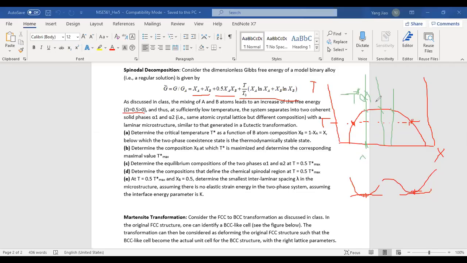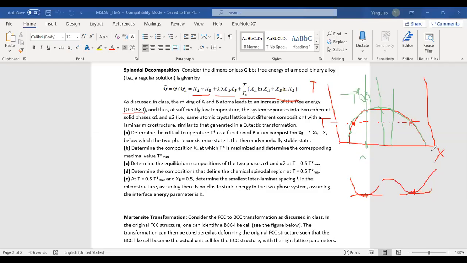But the thing is that it doesn't really matter whether we write down T star as a function of X, or X as a function of T. What you're looking for is the same curve that separates the solid solution state from the two-phase coexistence state. You're looking for exactly the same phase boundary here.